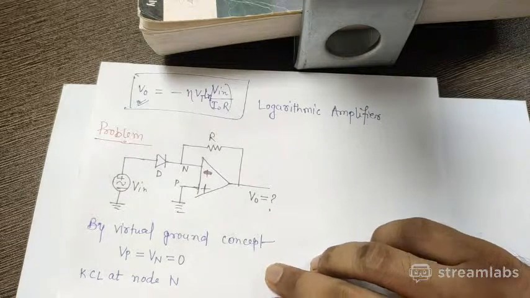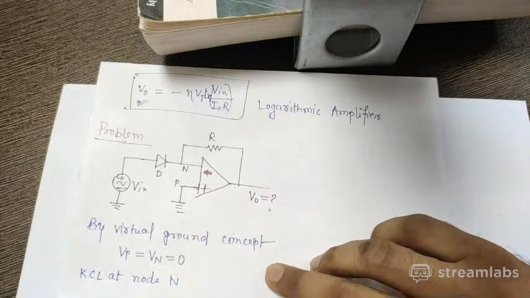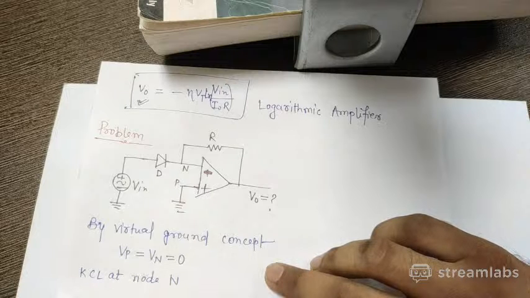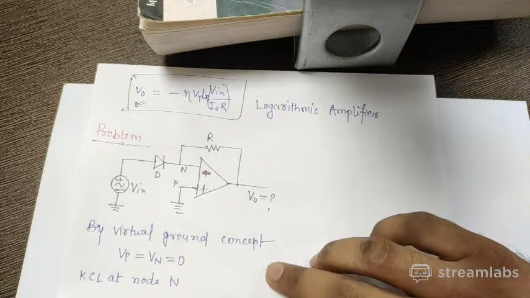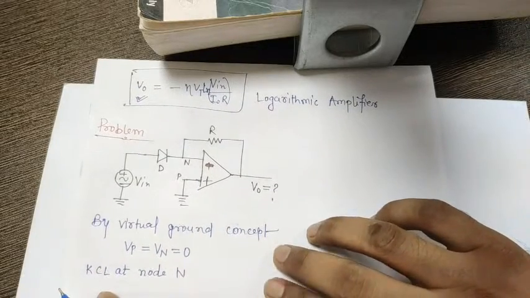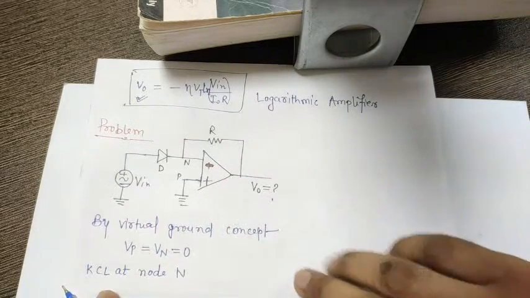KCL at node N, what will it do? Apply KCL and tell me the answer, what you are getting after doing this.